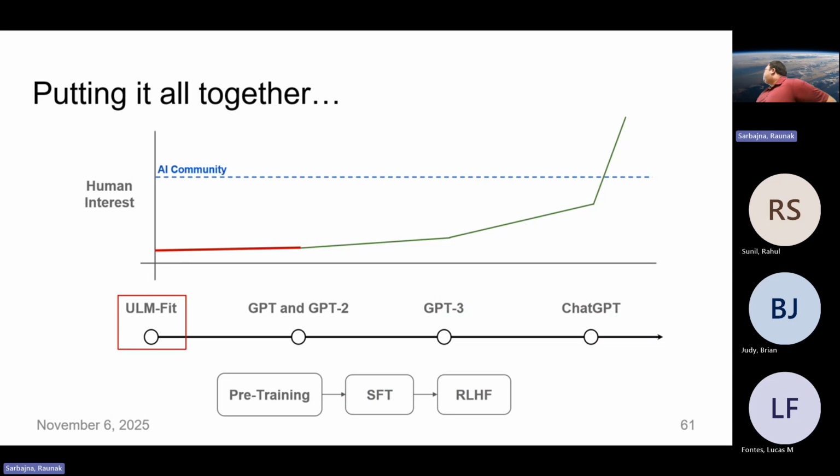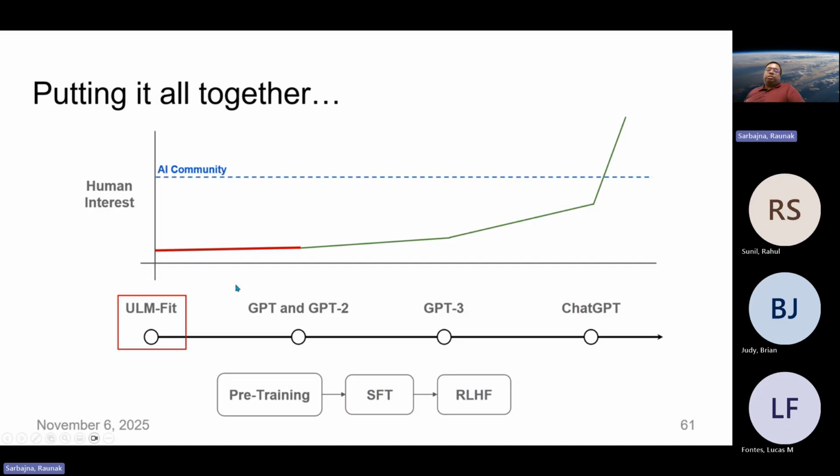So putting it all together, first we had the natural language models. This graph is completely, whatever the y-axis means, it doesn't mean anything. What I'm trying to tell you is how useful language models became to people outside of the domain itself.